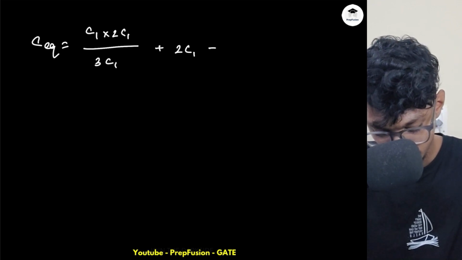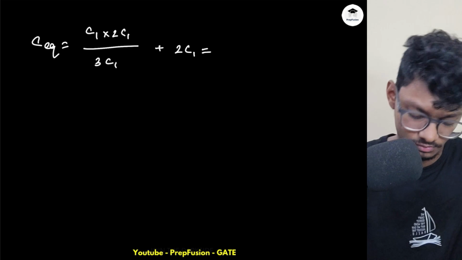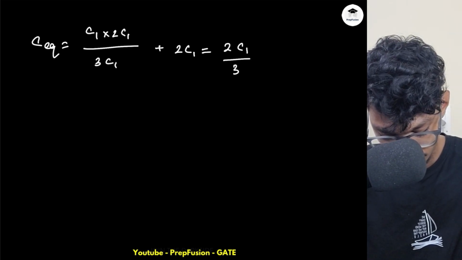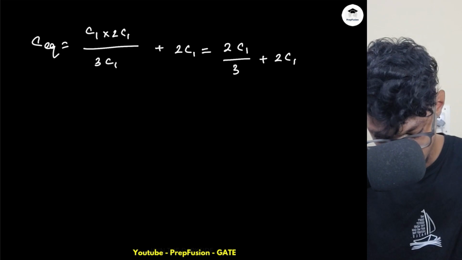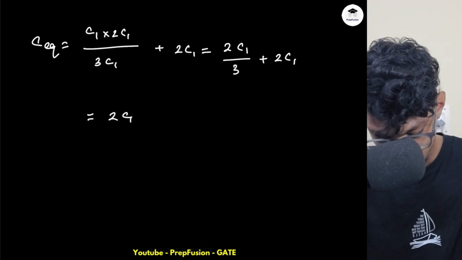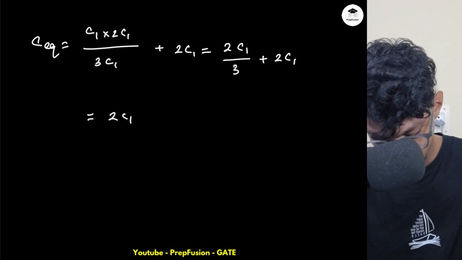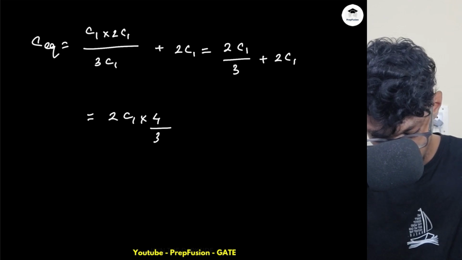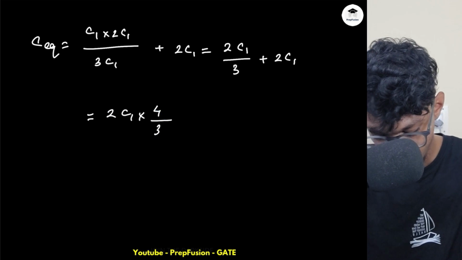So this equals, C1 gets cancelled, 2C1 divided by 3 plus 2C1. So this is 2C1 into 4 divided by 3. Okay, so what is C1?